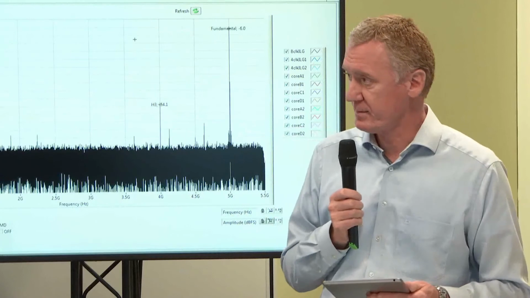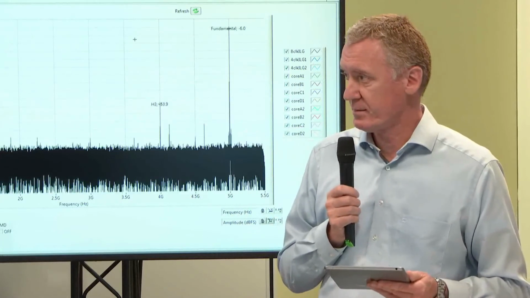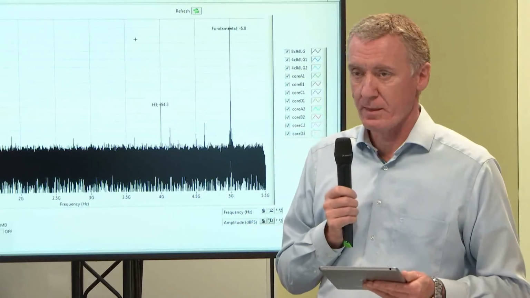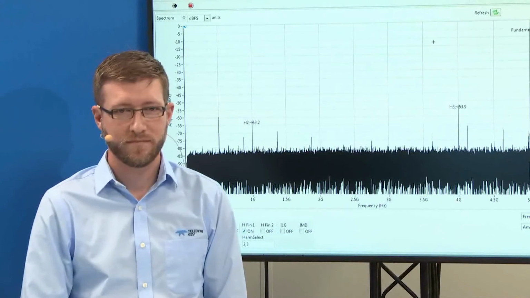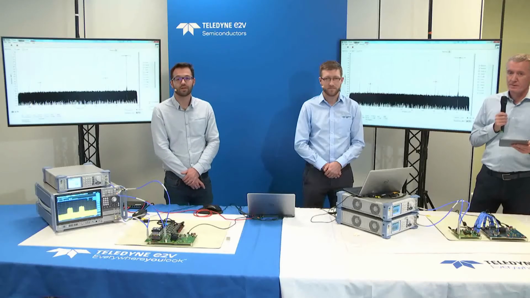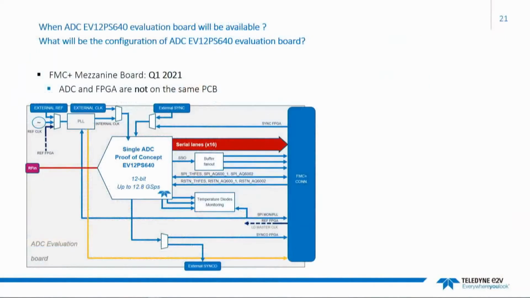So yes, a question is how can we evaluate this device? We will provide an evaluation board. If we can switch to the slide, I can describe the future evaluation board. It will be available in Q1 2021 next year.